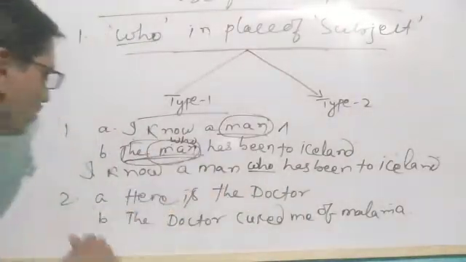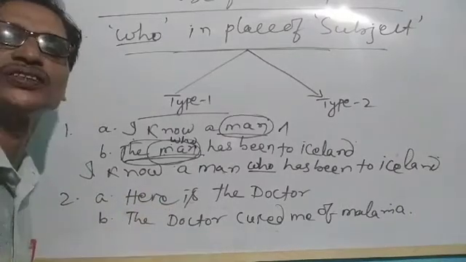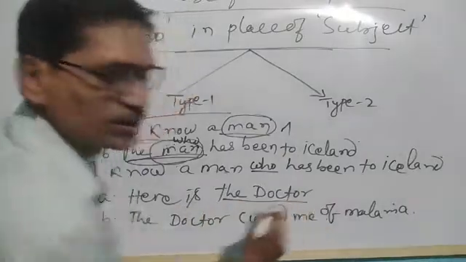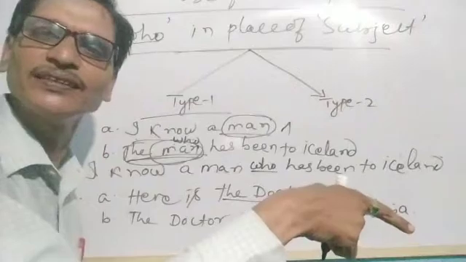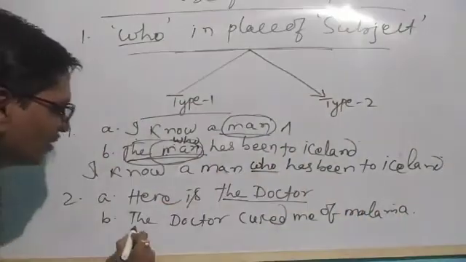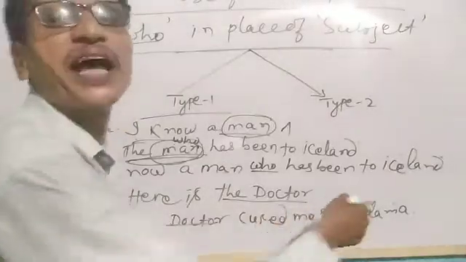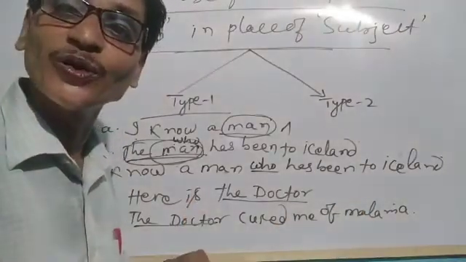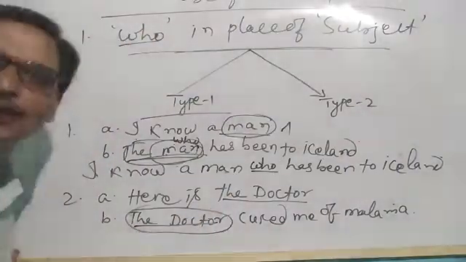Understand? So now we have a second example. Here is the doctor. The doctor cured me of malaria. Who cured me? The doctor cured me. Who is that doctor? So here the doctor is used as a subject.